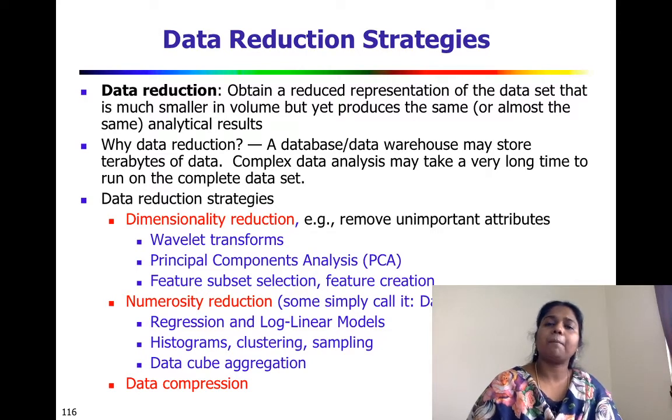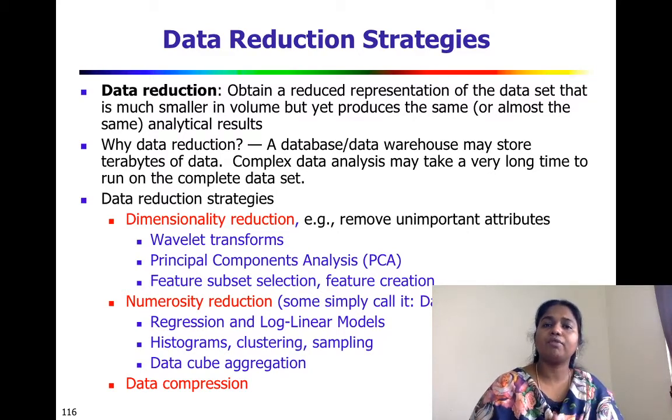So we looked at some correlation analysis methods: the chi-square test, the Pearson coefficient, and the covariance matrix are used to identify correlation between different attributes. Once we identify that two attributes are correlated to each other, we can remove one of them and perform the data mining holding on to only one of those two attributes.